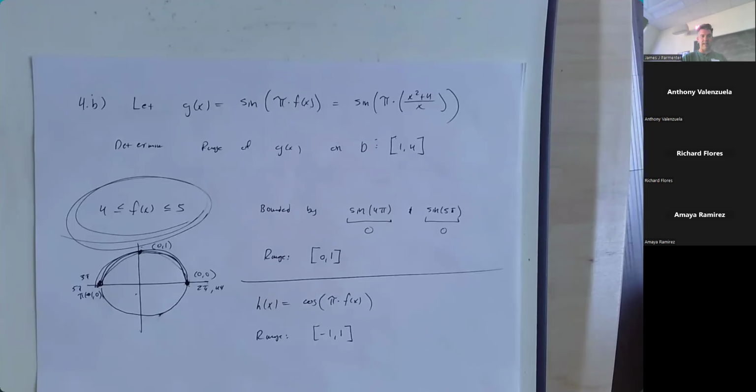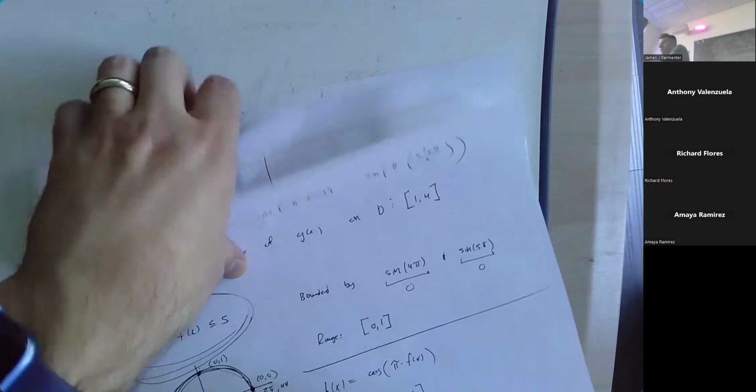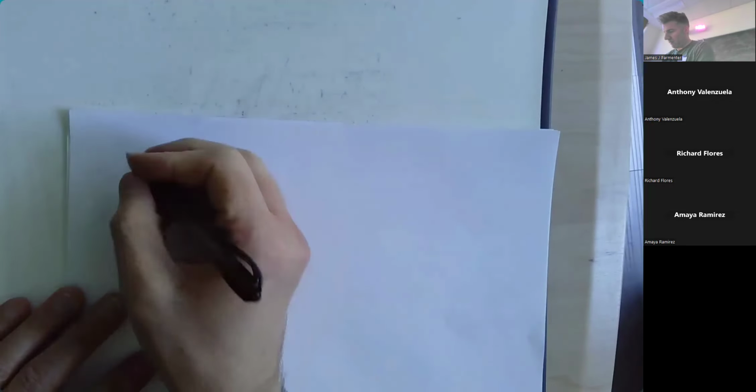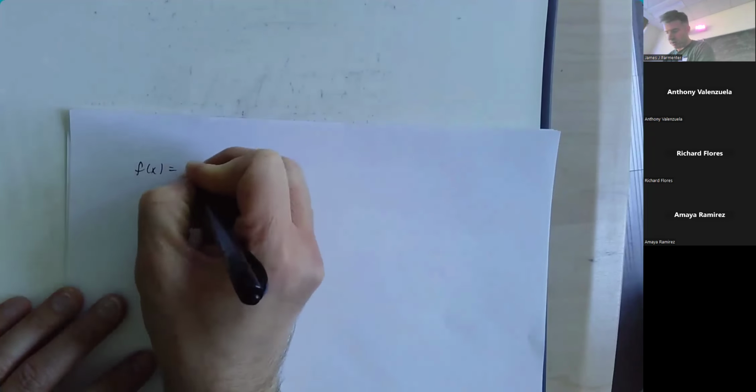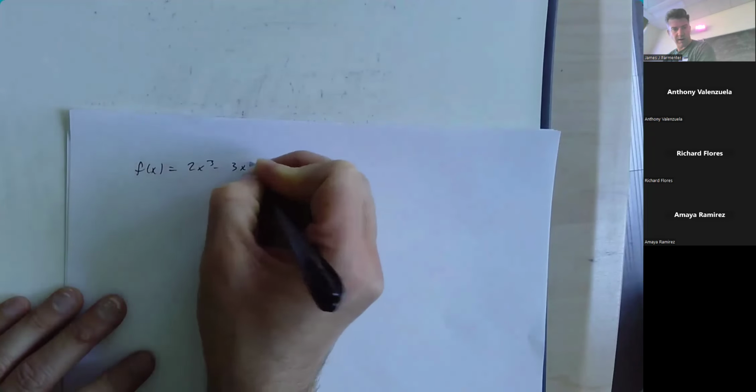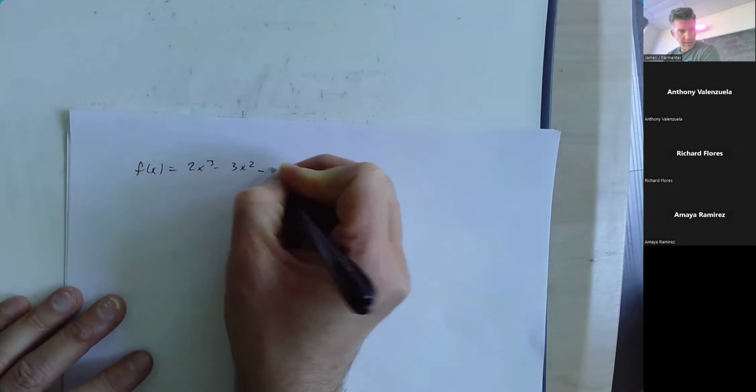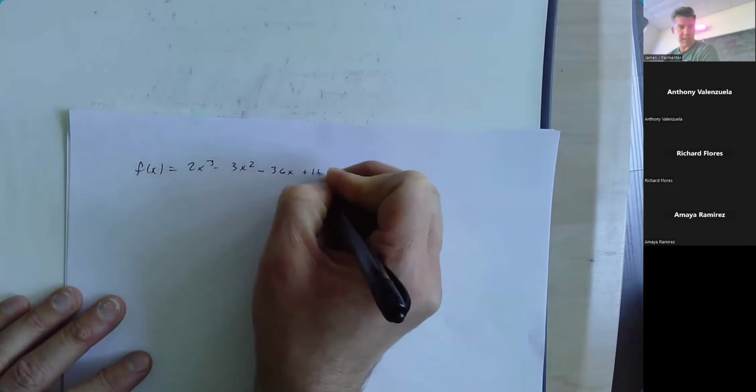Okay, here's the question that was asked. The instructor did an example where the function was f of x equal to 2x cubed minus 3x squared minus 36x plus 14.